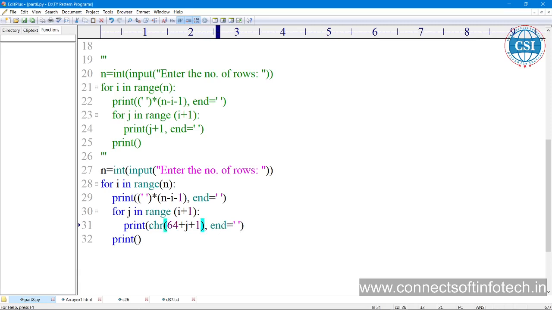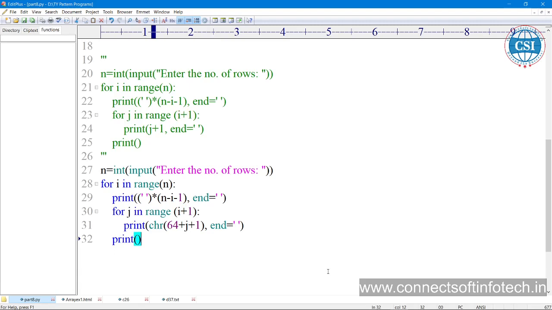So 64 plus 0, j means 0, that is 64; 64 plus 1 is 65, that is A. When i is equal to 0, j is equal to 0. When i is equal to 1, j goes 0 and 1, so we get A B. The next row we get A B C.